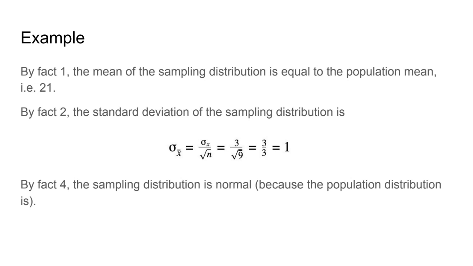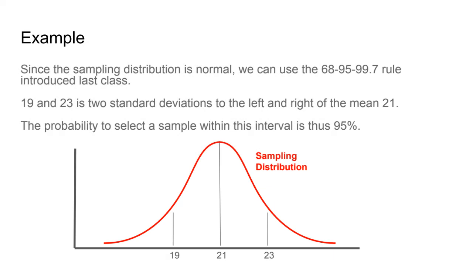Now, by fact 4, we know that the sampling distribution is normal because the population distribution is also normal. In other words, the sampling distribution will look something like the picture on this slide. And since the sampling distribution is normal, we can use the 68, 95, 99.7 rule, which we introduced last class.